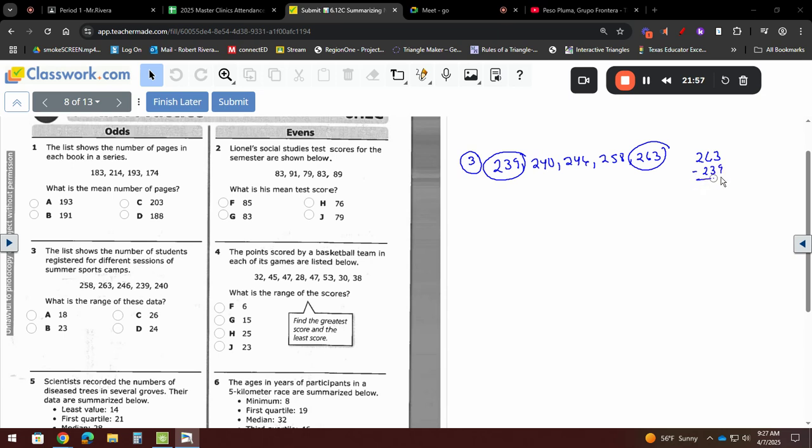That's why I said this should not have taken you that long. 13 minus 9 should have given you 4. 5 minus 3 should have given you 2. 24 is my range, which is letter D. The way I did number 3, you're going to go home and do number 4. That is your homework 2. Next one.